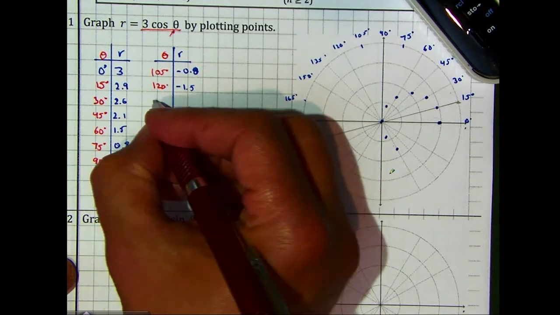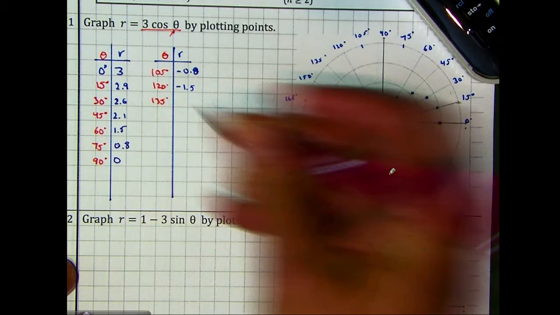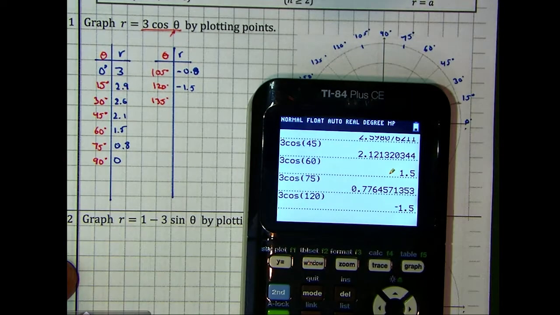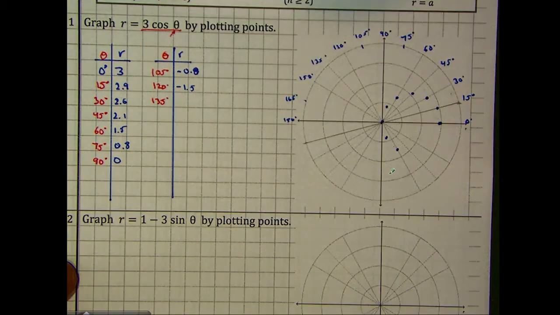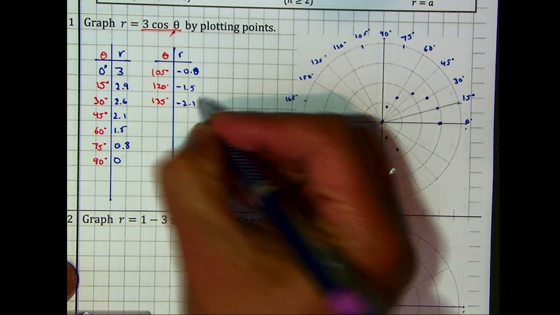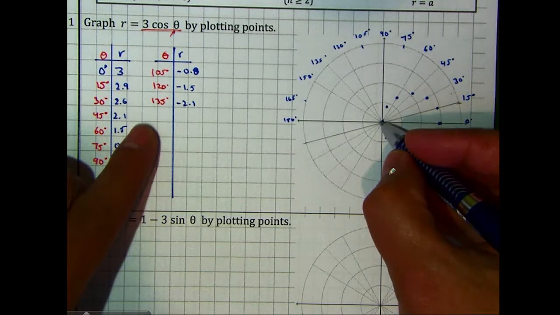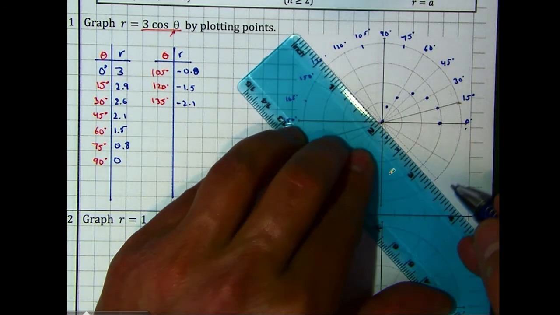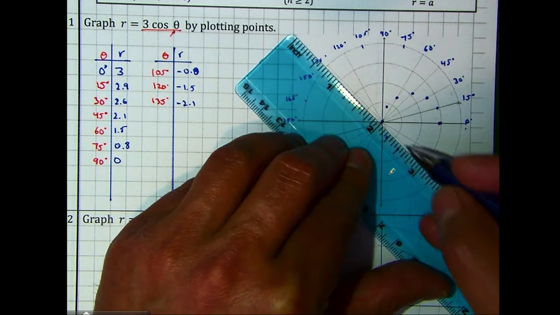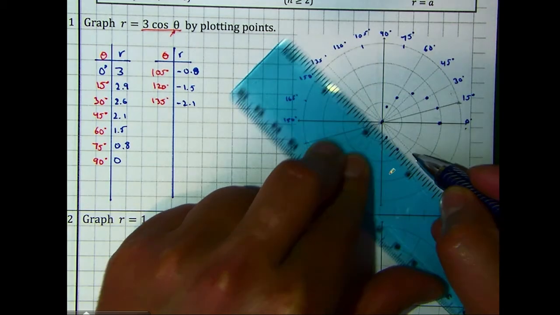Then it will be 135. Negative 2.1. So 135, instead of going forward, it's a negative, so I'm going to go backwards. Negative 1, negative 2.1.